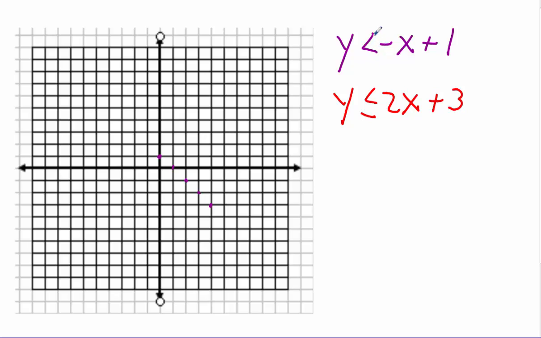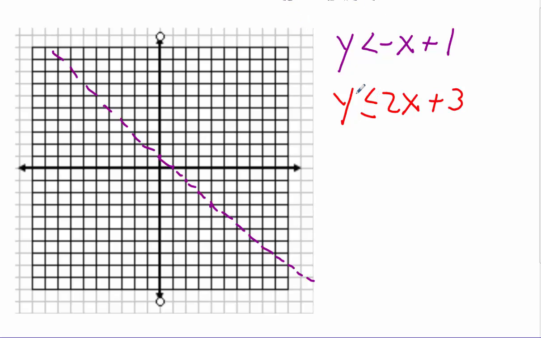So this is just saying that y is less than -x + 1. Since there is no equality in this inequality symbol, our line, if you remember, is going to be dotted. And again, I apologize for the not so straight lines. I don't have a ruler, obviously. So there's our equation for the purple one.